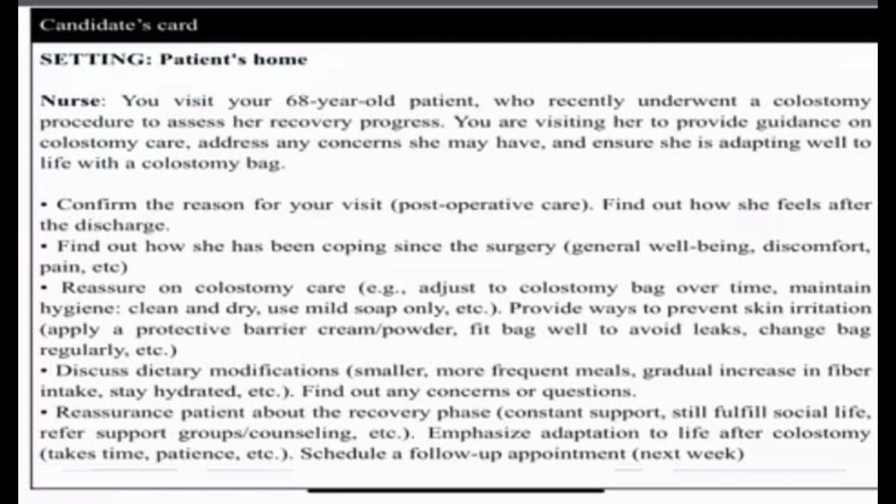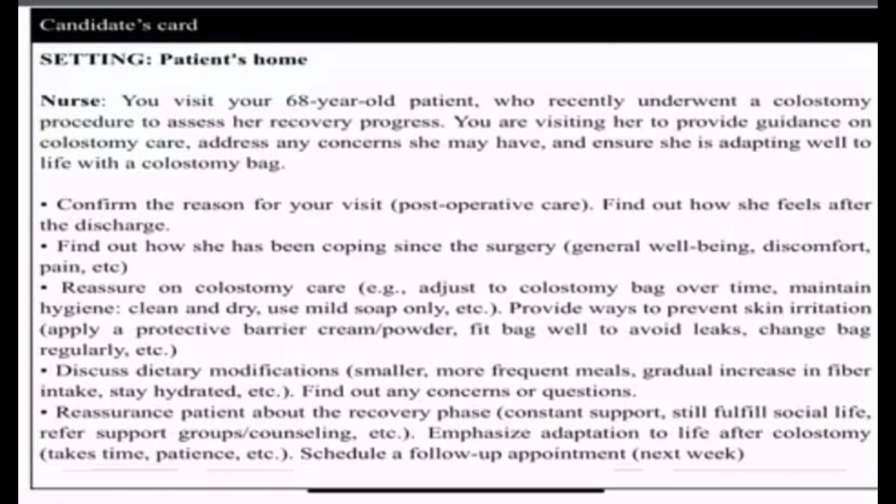We can start like this: as the patient asks our questions, we can say, I understand your concern, or we can also say, the question which you ask is good. Okay, that is a good question from your side. We can construct it like this. So I was about to tell you, like this we can tell the patient.